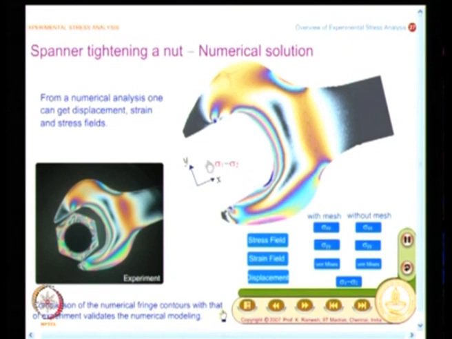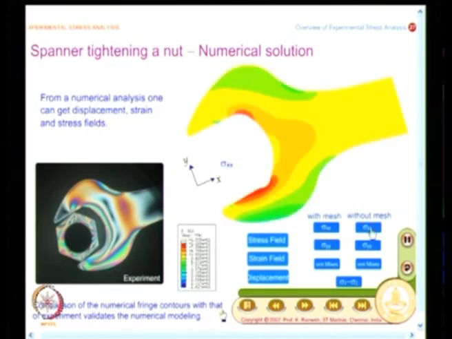When I do a numerical analysis, I can get the stress field, I can get the strain field, I can also get the displacements. And if you go to commercial packages, you would be able to plot specific contours.